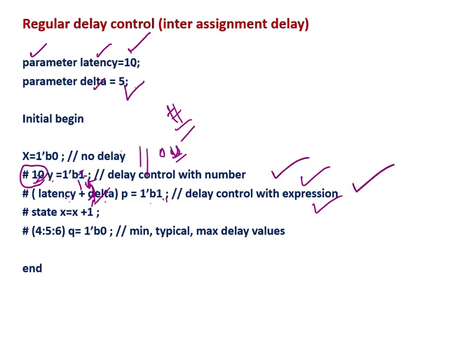This way you can do, all are correct. Then #(state) x equal to x plus 1 is also correct, another way. Then #(4:5:6) q equal to 1'b0. Do you remember this part?